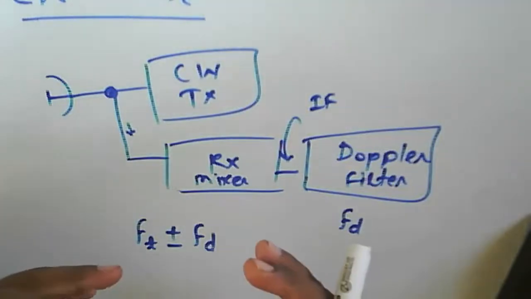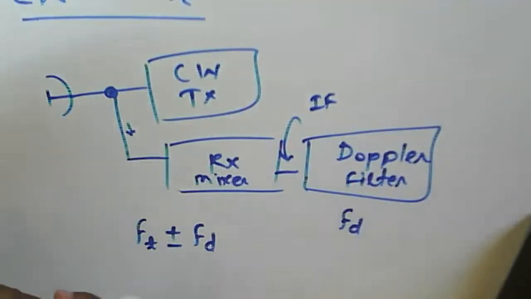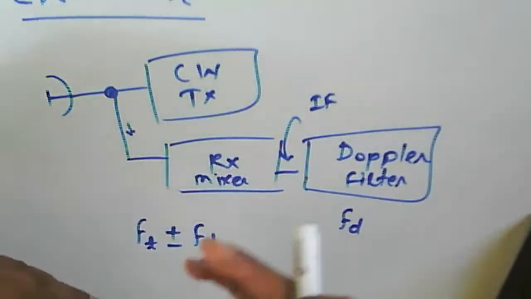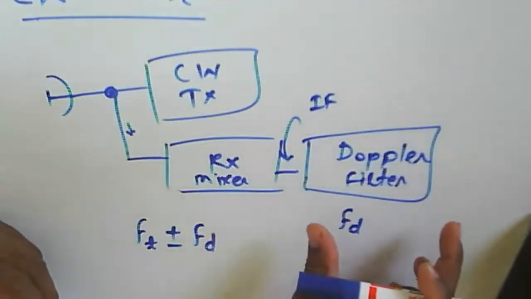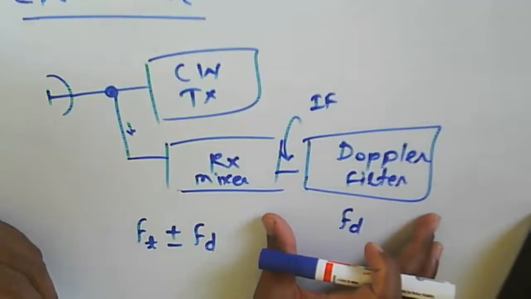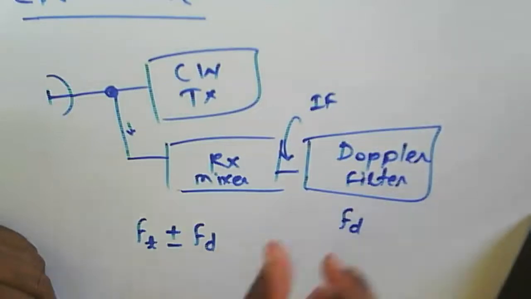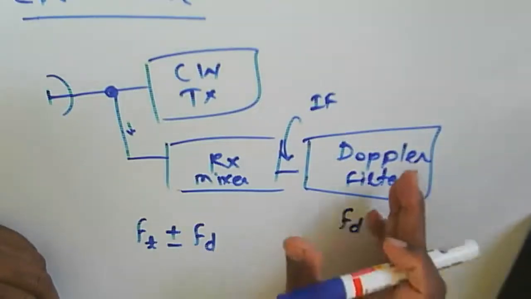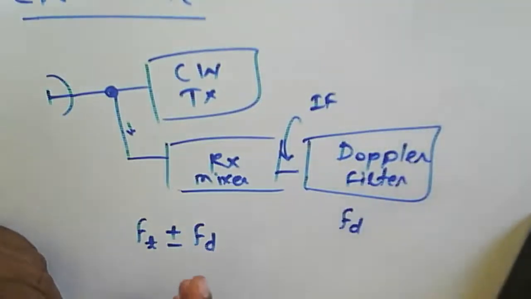So to improve the sensitivity of the receiver, we are supposed to use a narrowband Doppler filter instead of a wideband one, so that the sensitivity of the receiver will be improved.